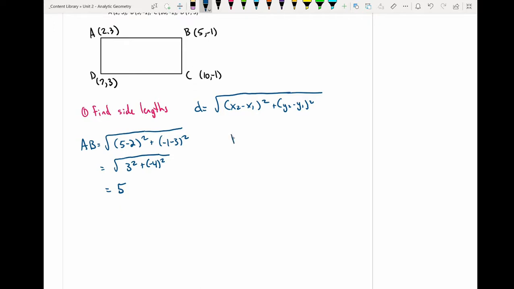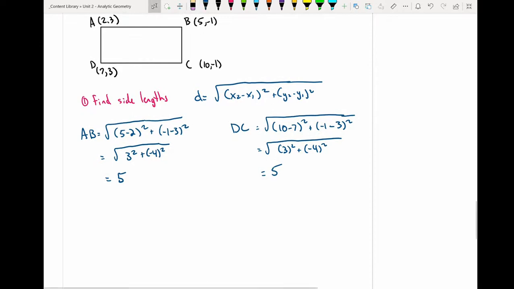If I look at side DC, the pair opposite of it, I have (10 minus 7) squared plus (-1 minus 3) squared. So I have 3 squared plus (-4) squared, which is the same as the last one, and I get 5. So I know that these two sides are the same.